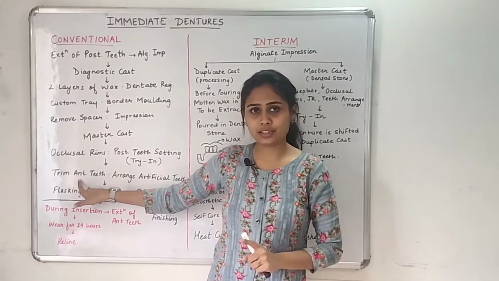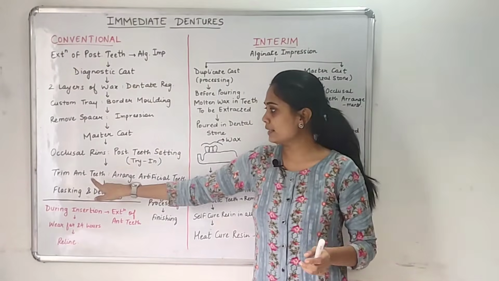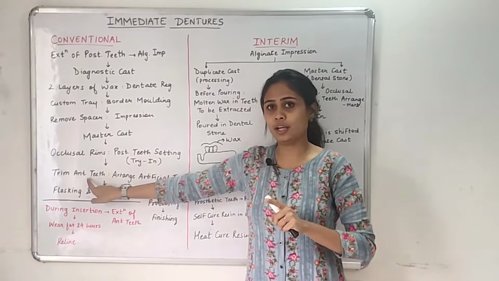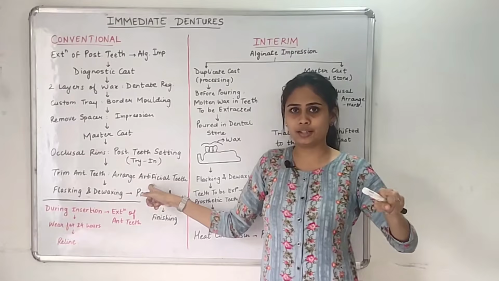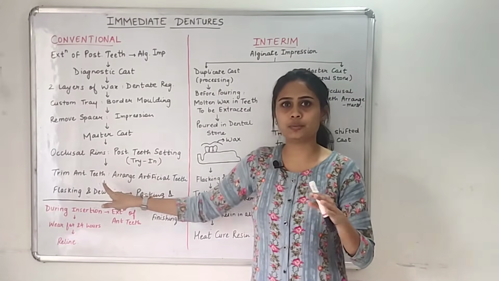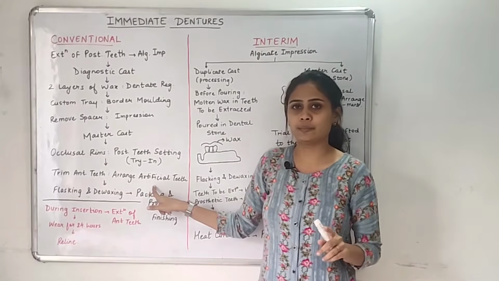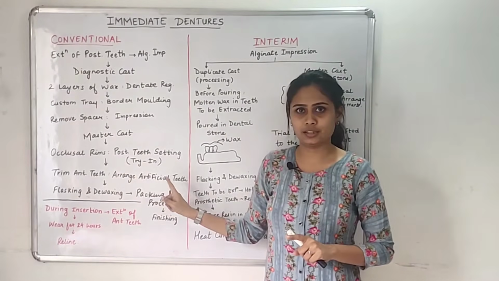These anterior teeth would be in dental stone, because in our cast we had these anterior teeth in stone itself. So you trim the anterior teeth up to the cervical margins, up to the cervical region. This will be done arbitrarily. And then you arrange the artificial teeth in the anterior region. Okay.